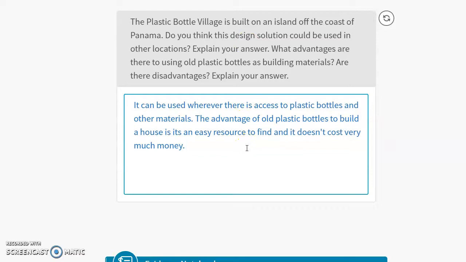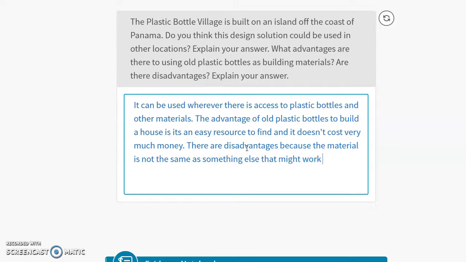Are there disadvantages? There are disadvantages, right? For every advantage, there's going to be a disadvantage because the material is not the same as something else that might work better, but be way more expensive.